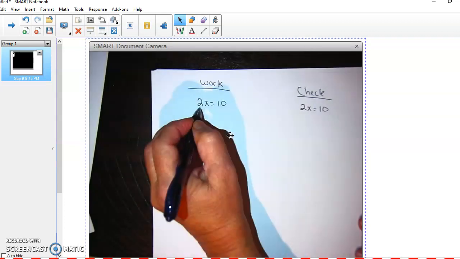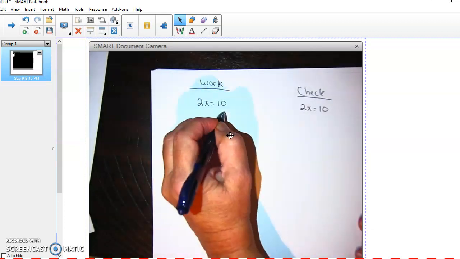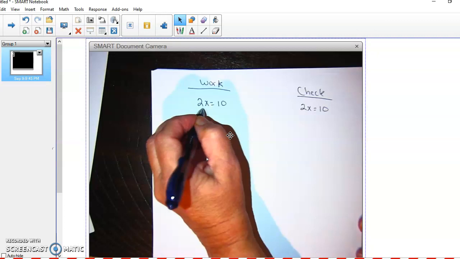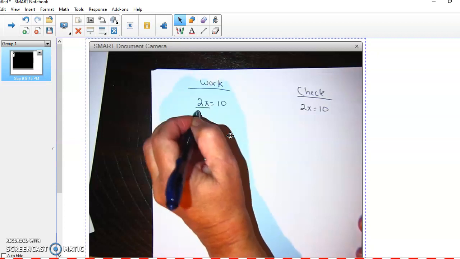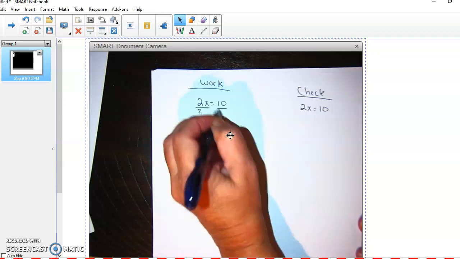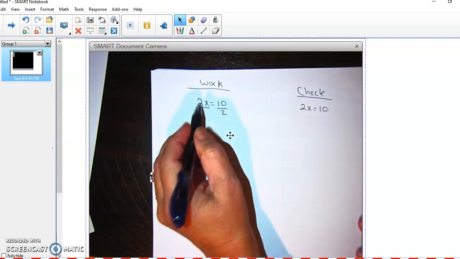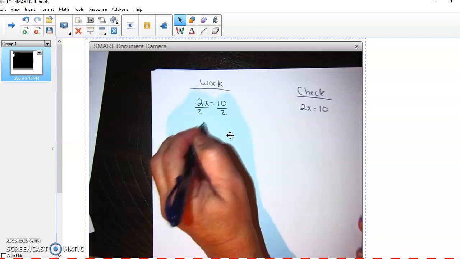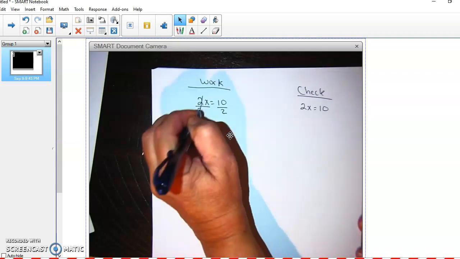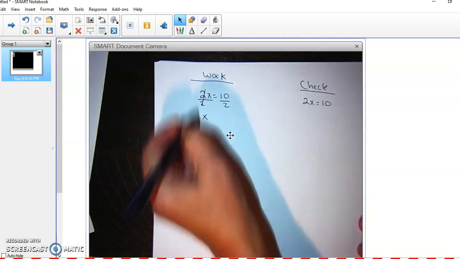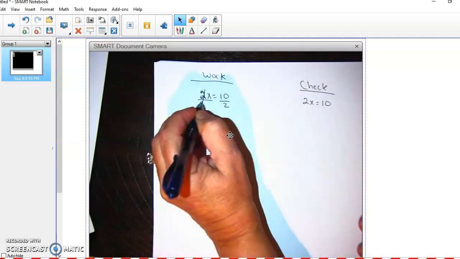All right, this says 2 times x equals 10. So this is multiplication. Let's undo the multiplication by dividing by 2. So 2 divided by 2 is really 1. 1 times x is x. I'm going to say that equals 1.